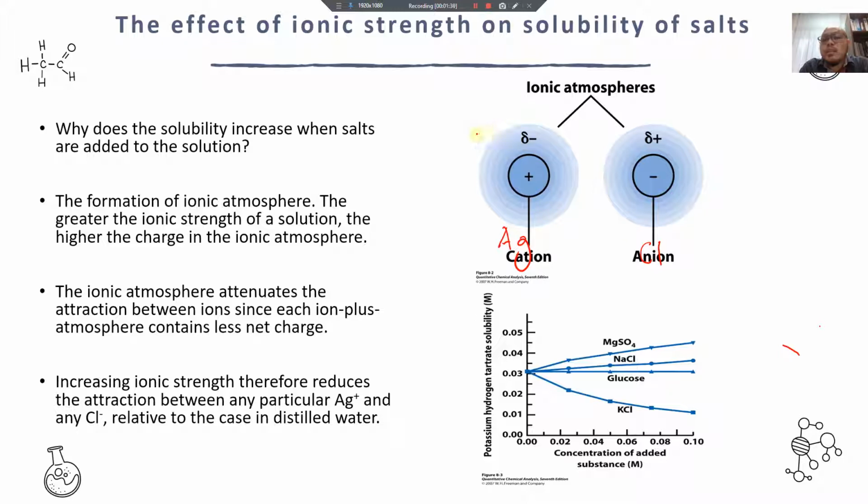It means that the water molecules will start to gather around, not really forming a bond, but gathering here. As it becomes larger, the hydrated ion, the ionic atmosphere becomes larger, so it will reduce the interaction between both of these chemical species.